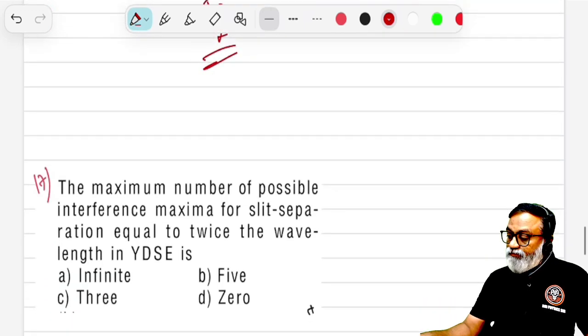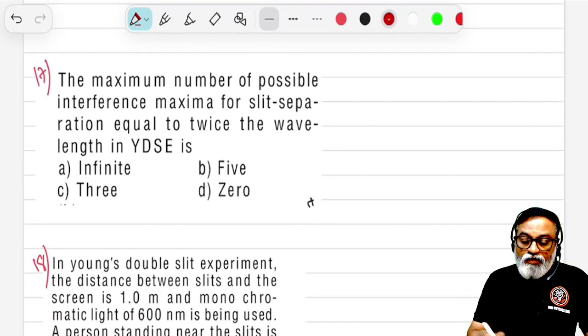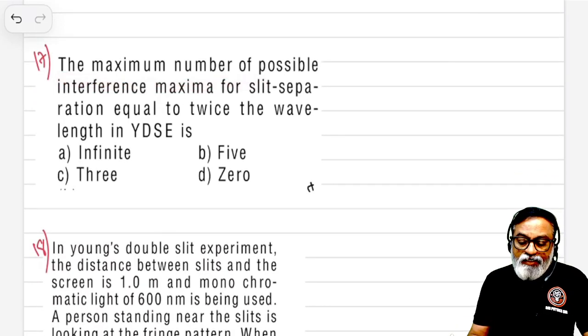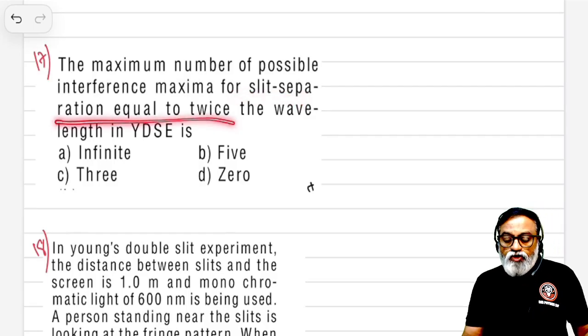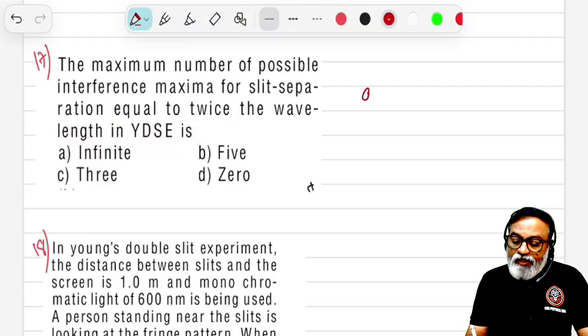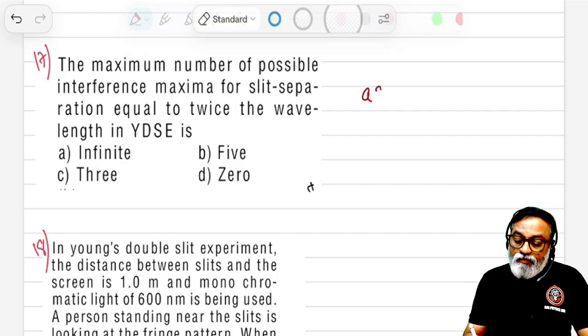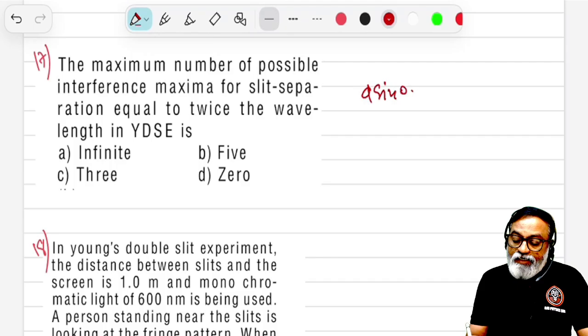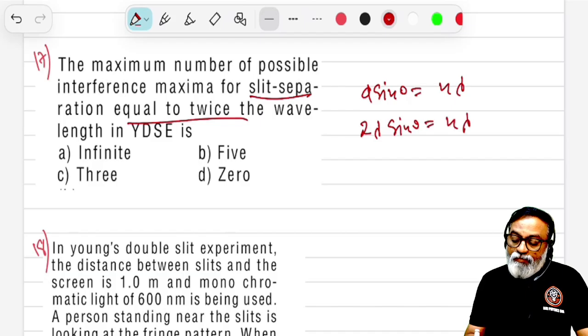Next one. The maximum number of possible interference maxima for a slit separation equal to twice the wavelength in YDSE. See, for maximum intensity, path difference d sin theta is equal to n lambda. But here, the slit separation is equal to twice the wavelength. Therefore, 2 lambda sin theta is equal to n lambda.